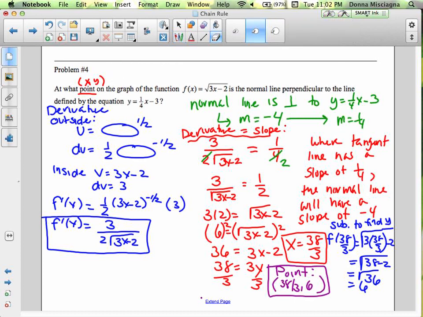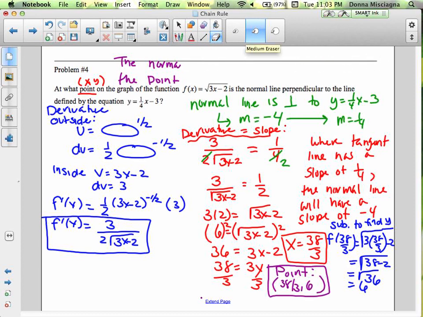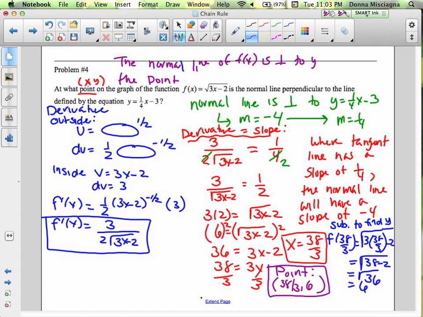So the normal line of f of x is perpendicular to y equals 1/4 x minus 3 at the point 38/3, 6.